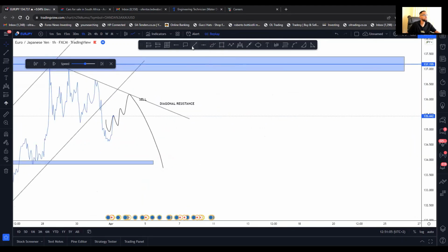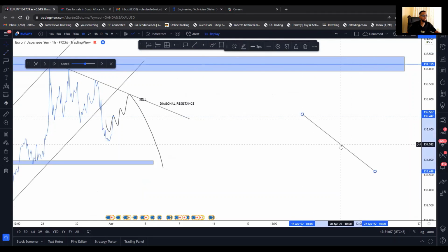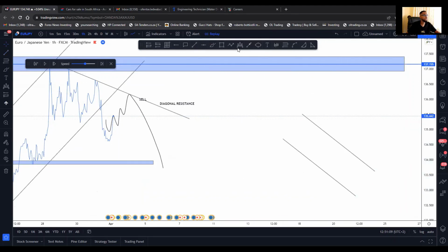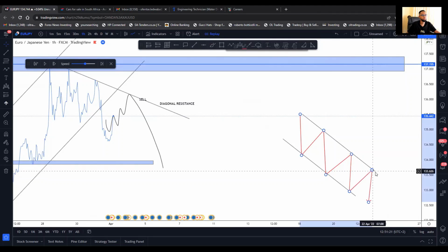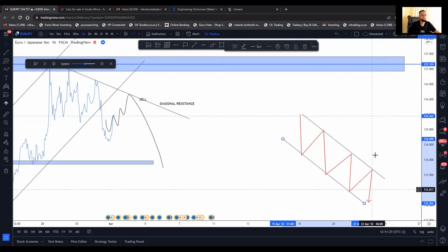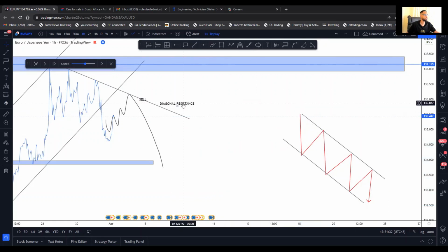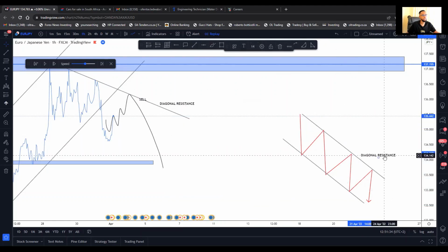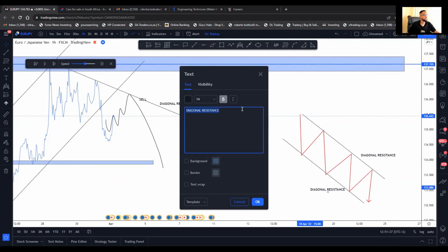So you know how we normally do. Just that when you look at the chart, it will be a little bit in a downtrend. You have something like this. So we are having, this is also a diagonal resistance, and this is a diagonal support.